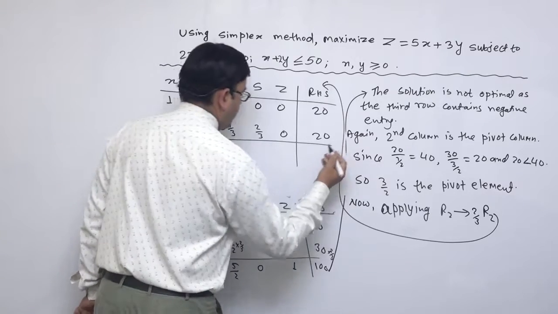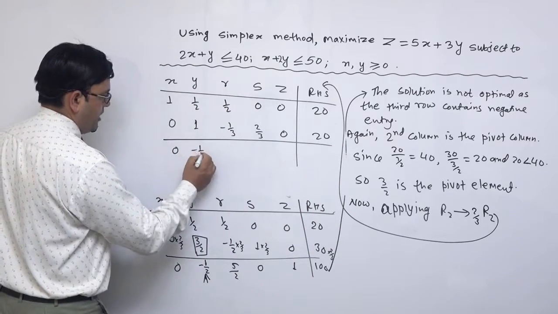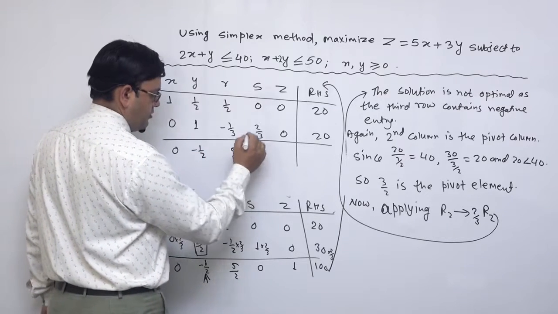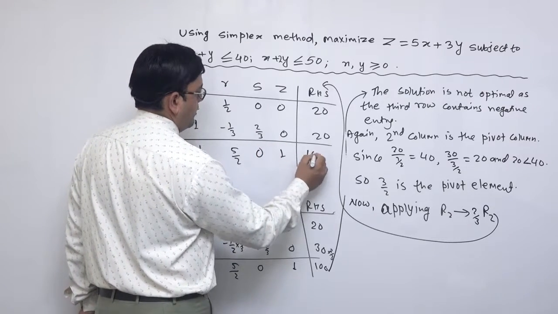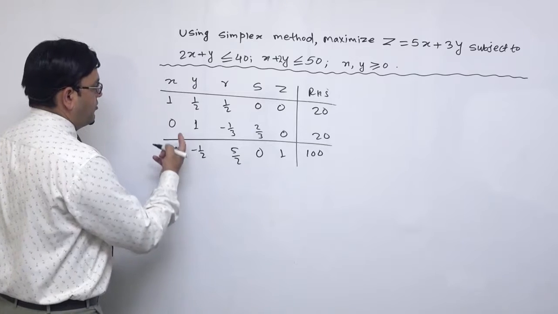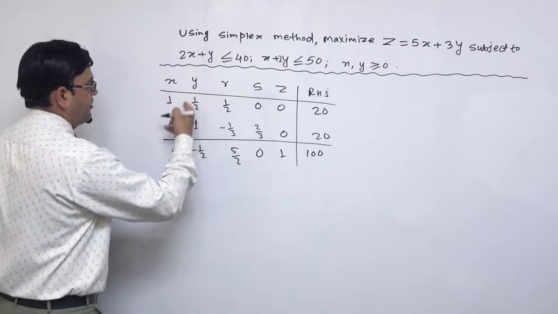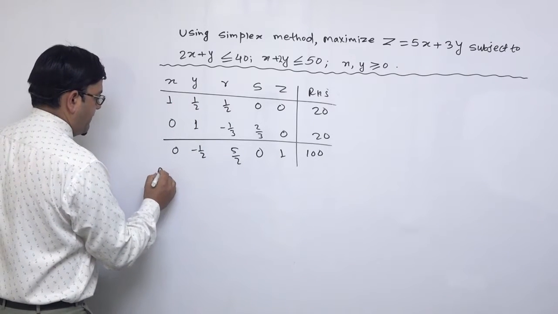The last row is the same: 0, -1/2, 5/2, also 0, 1, and 100. Now we also have to make this 1.